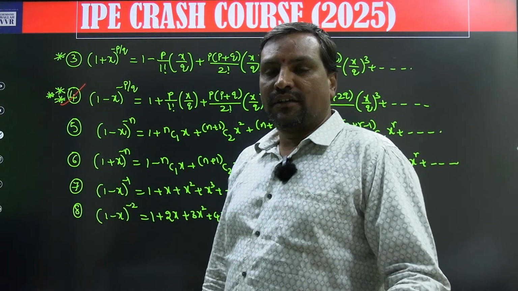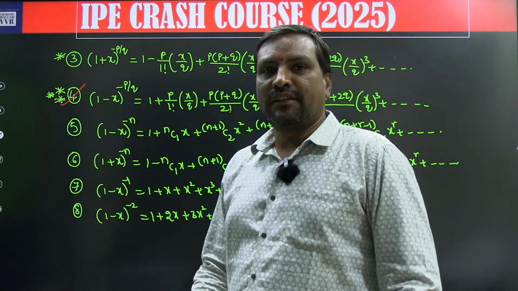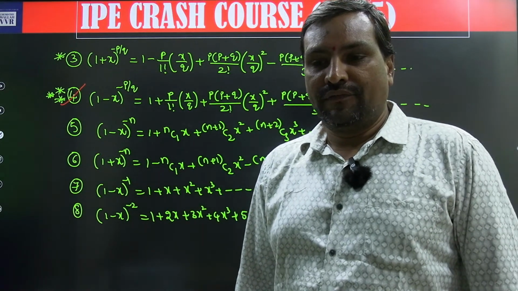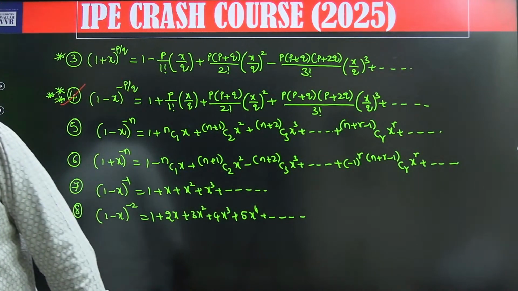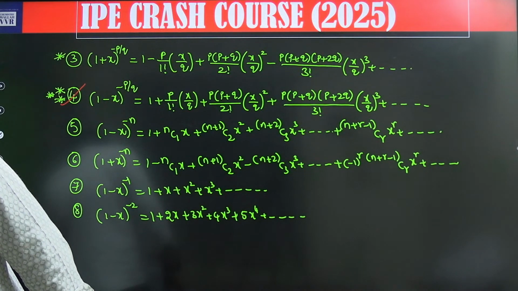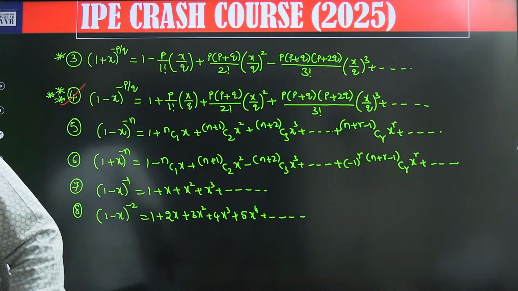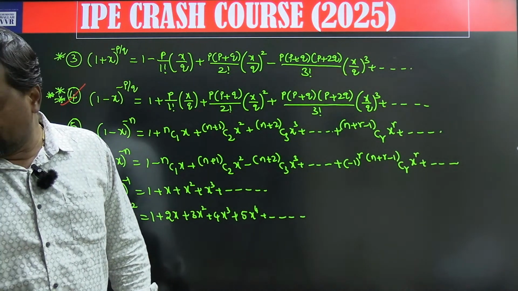One question, one long answer compulsory from today's class. So we'll go for the problems. After the completion of the problems, we'll go for the 2 marks questions, which are also in this chapter.